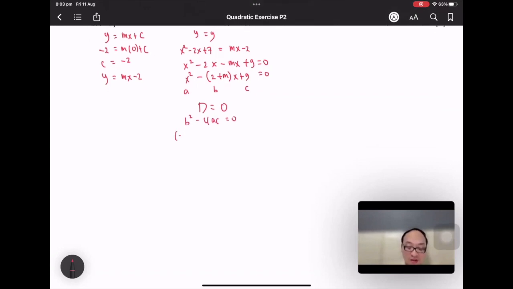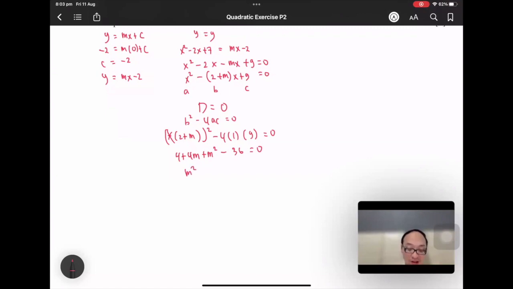So b squared is (2 plus m) squared. This is negative, but it is being squared, so it will be positive here. Minus 4 times a, which is 1, times c, which is 9, equals 0. So this becomes 4 plus 4m plus m squared minus 36 equals 0.